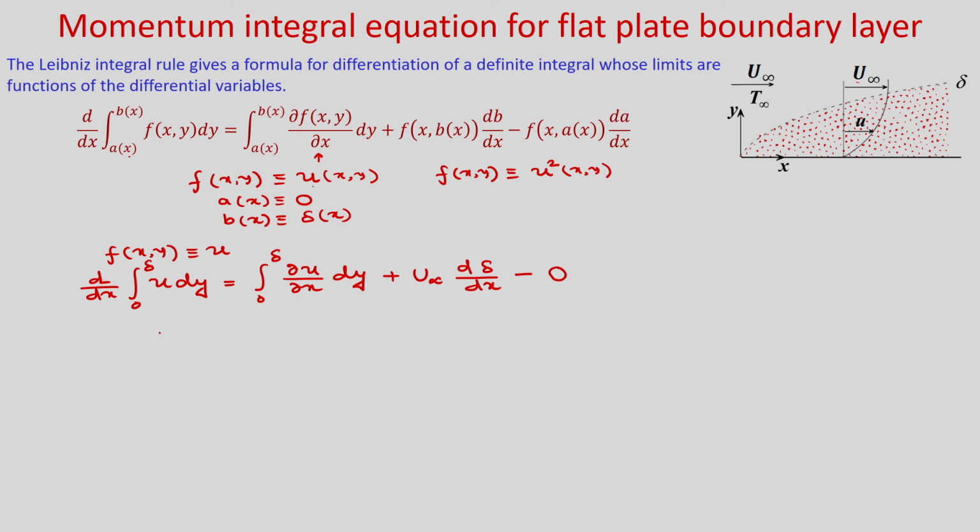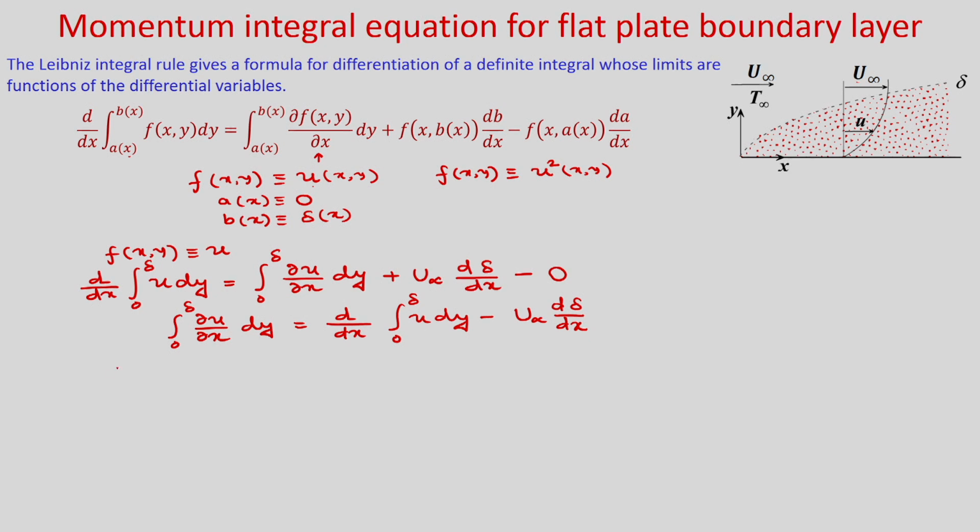So, you can write ∫₀^δ ∂u/∂x dy = d/dx ∫₀^δ u dy − u∞ dδ/dx. Okay.